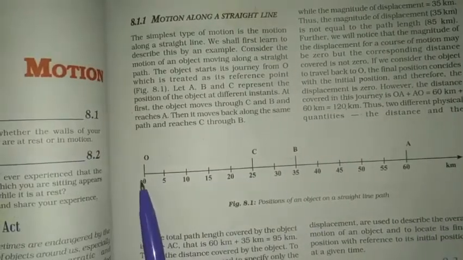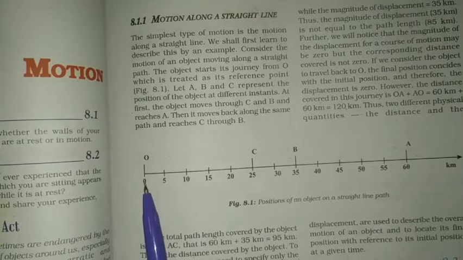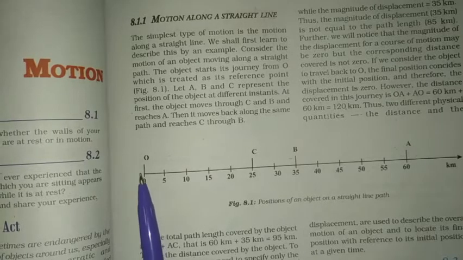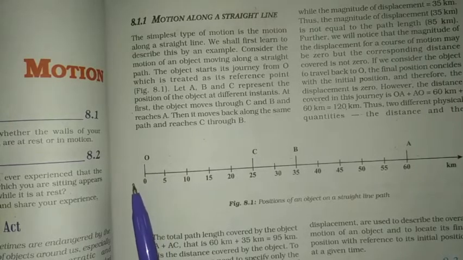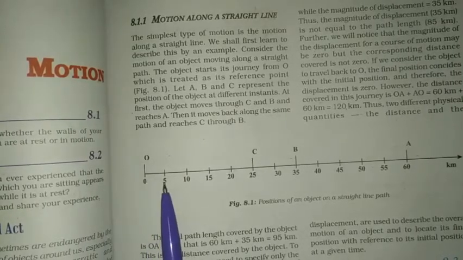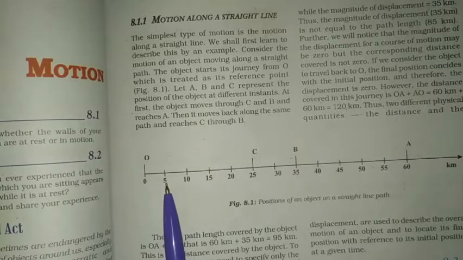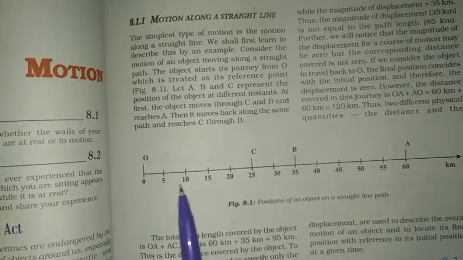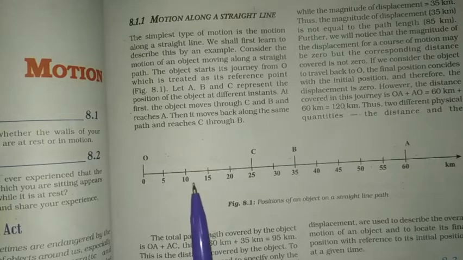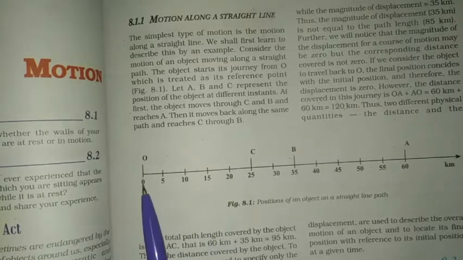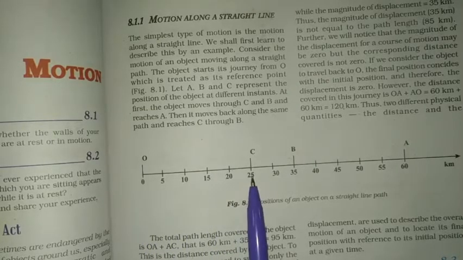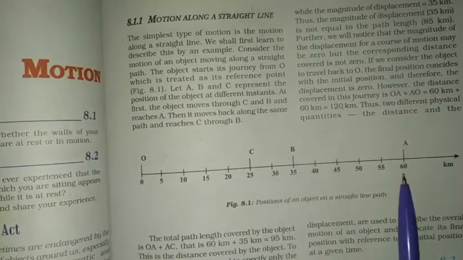In the diagram, see here, an object changes its position according to the distance described in the diagram. Initially, the origin is taken as O and the time is 0. After some time, the object covers 5 kilometers, and as time moves further, the position of the object, or distance covered from the fixed point, varies according to the given diagram.